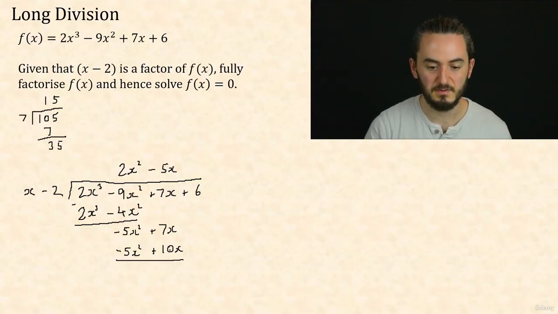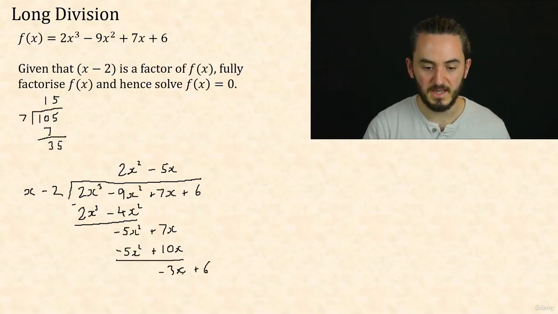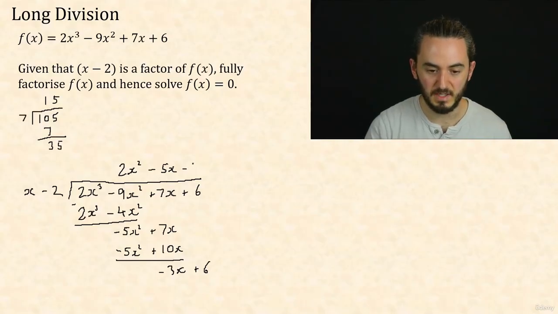And 7x minus 10x is minus 3x. Drop the next term down. What do I need to multiply x by to get minus 3x? It's minus 3. Multiply minus 3 by that and I get minus 3x, and minus 3 times minus 2 is 6. When I do this subtraction, I get a 0.